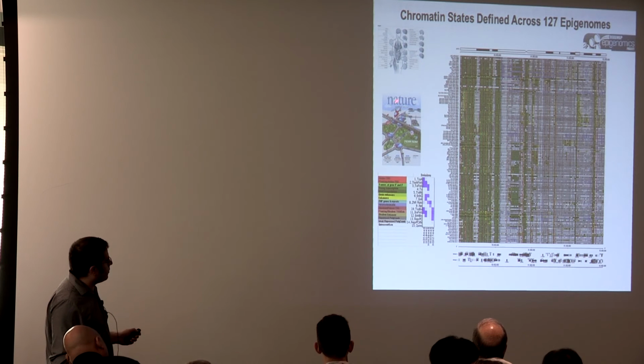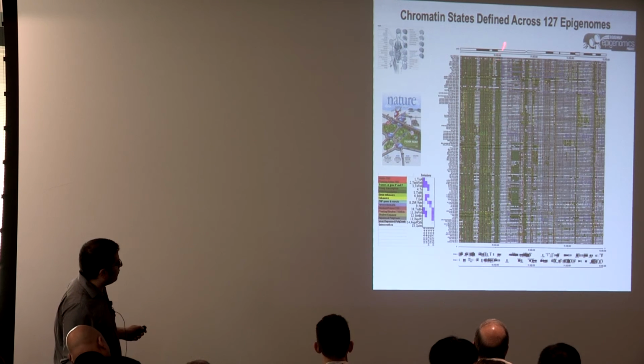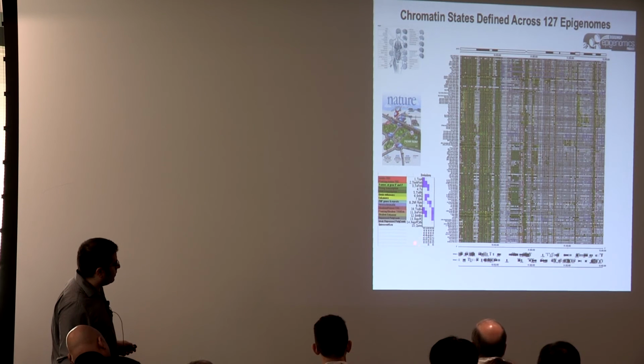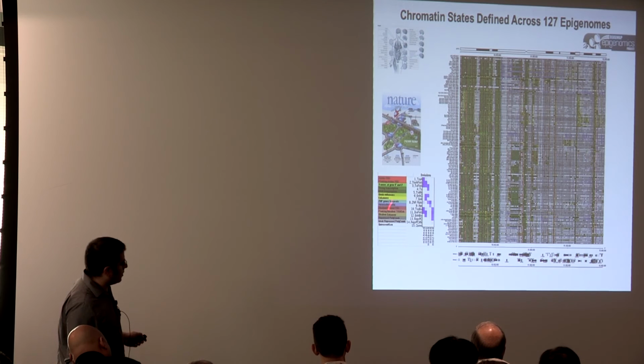So this was published a few months ago. This is showing you at some specific location in the genome across the 127 cell types, a chromatin state model that was inferred, in this case, just based on a set of 5 marks into 15 states and with a similar color coding scheme as before.